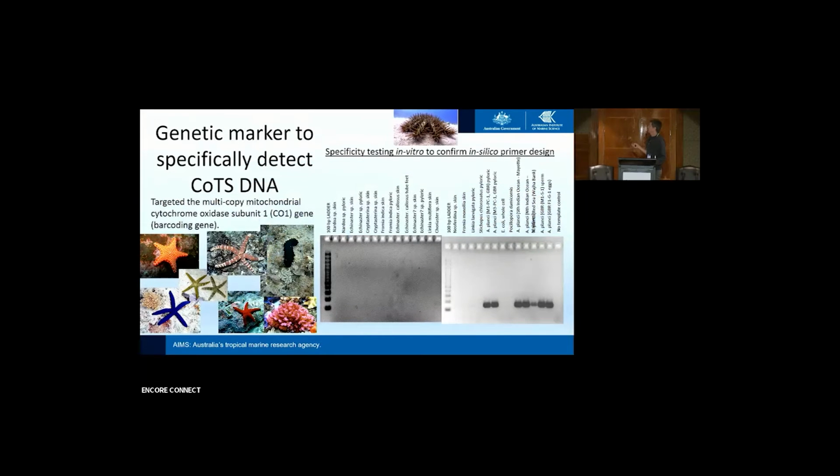Just briefly, as I mentioned before, the basis of all of this work for COTS was Jason and me developing about 6 years ago a couple of specific primers which just amplify crown-of-thorns sea stars. So we tested those against a variety of different echinoderms and other invertebrates and could show that only where crown-of-thorns is present we get positive detections.